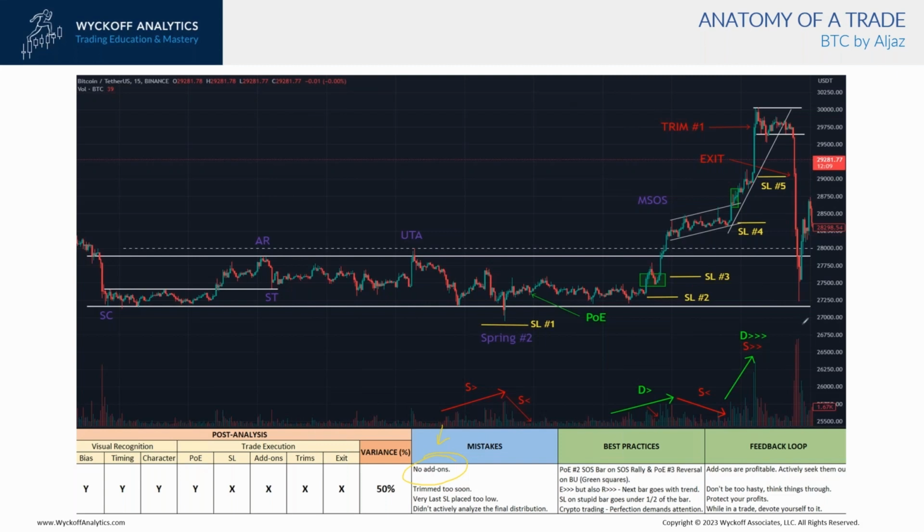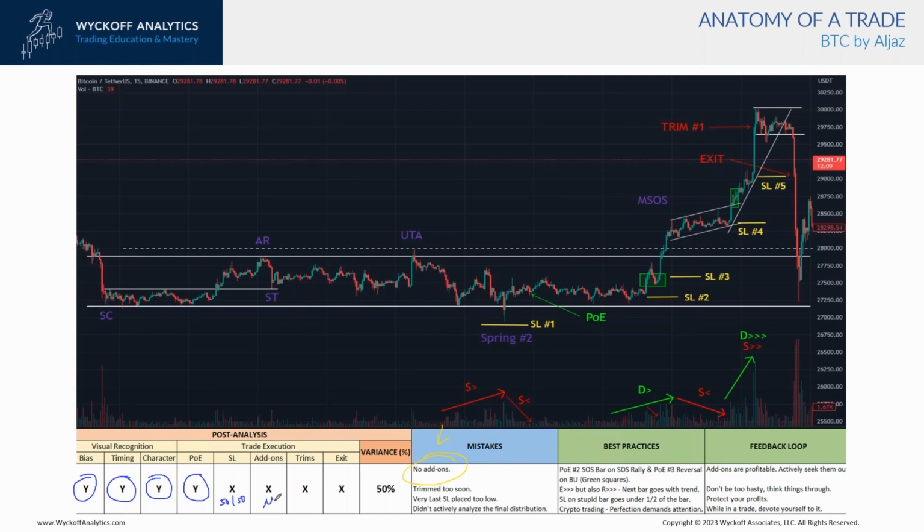Franz? Yeah, great. Let's take a quick look at the post analysis here, Roman. The bias changed from down to up, and he caught it perfectly. The timing looks great right after the spring. The character, definitely. Points of entry, yes. Stop loss, I'd give it a 50-50 just because of the last stop loss, but other than that, I thought the stop loss movement looked really good, maybe even 75-25.